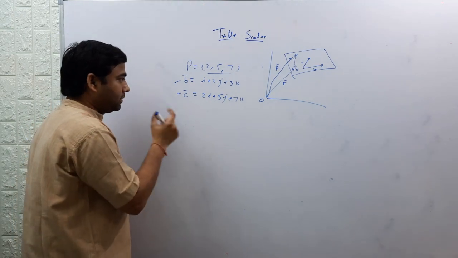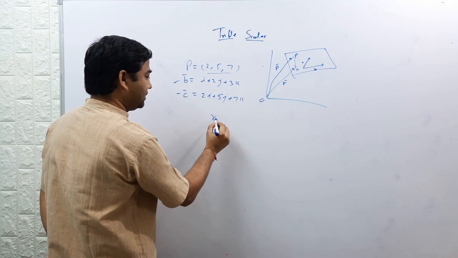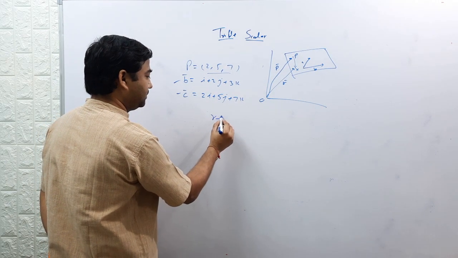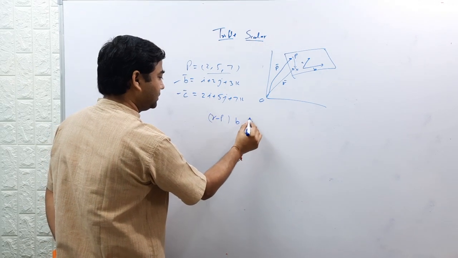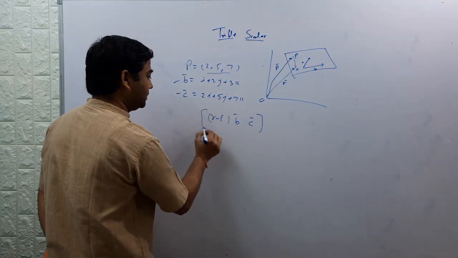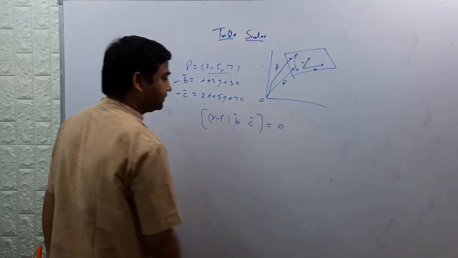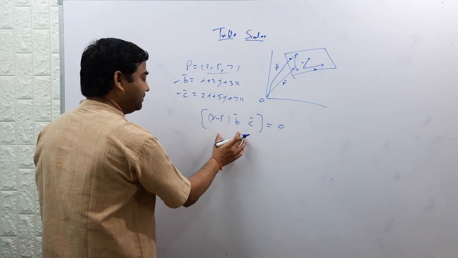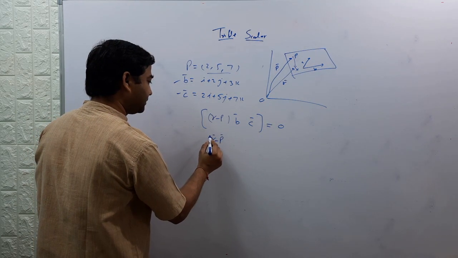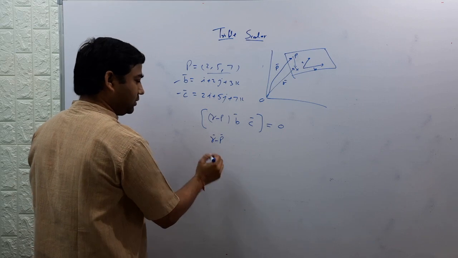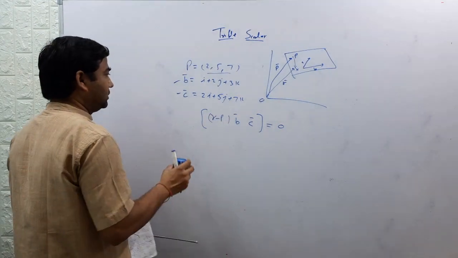So we know the equation of the plane is the triple scalar product of (R minus P), B, C, equal to 0. There are two methods to solve it.